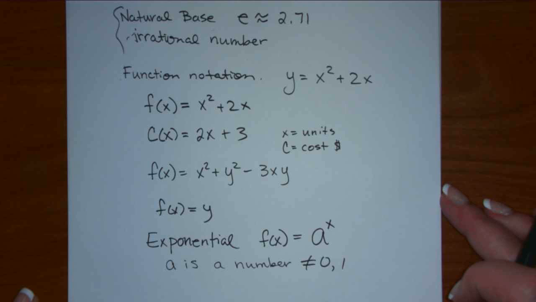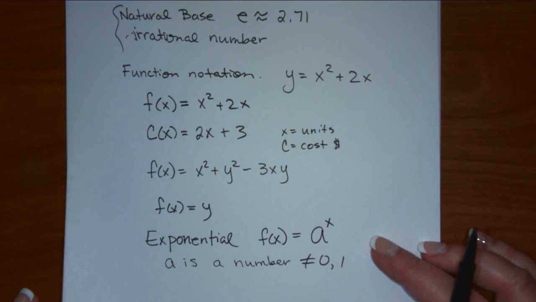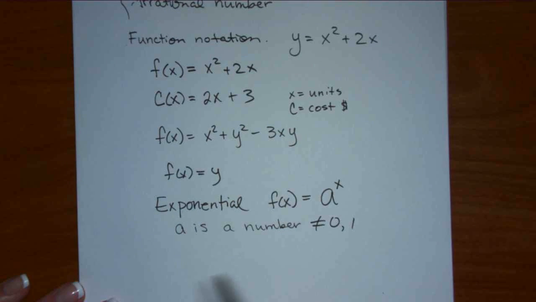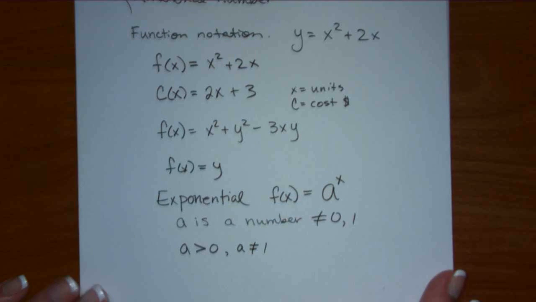Just 1. 1 times 1 times 1 times 1 is just 1. 0 to any power is 0. So a is usually greater than 0. So we say a is greater than 0, but not usually equal to 1. So that would be one way to write it. Okay.